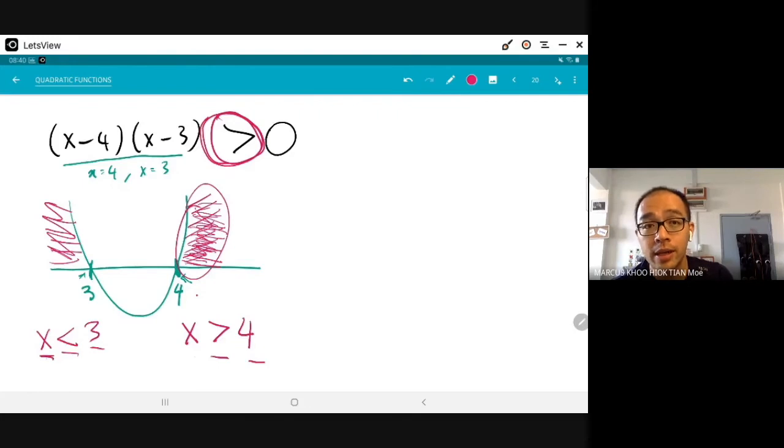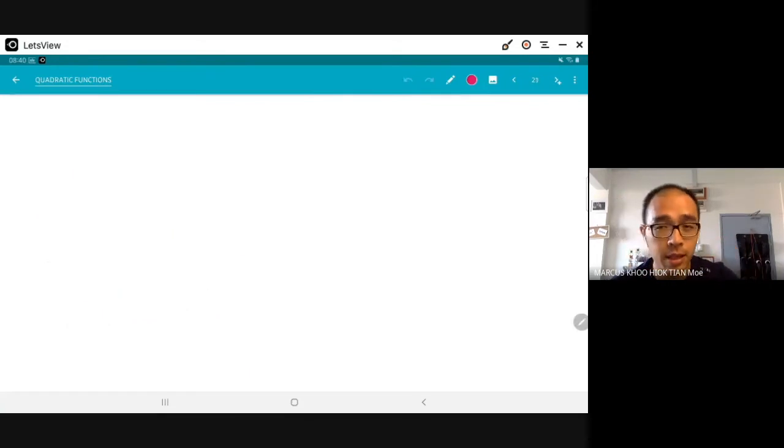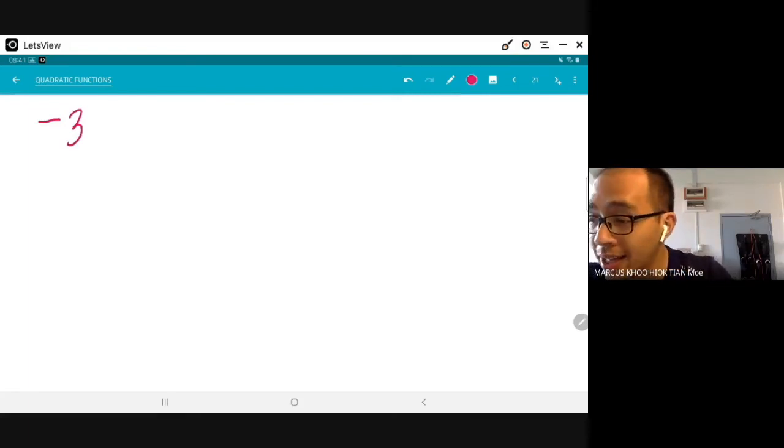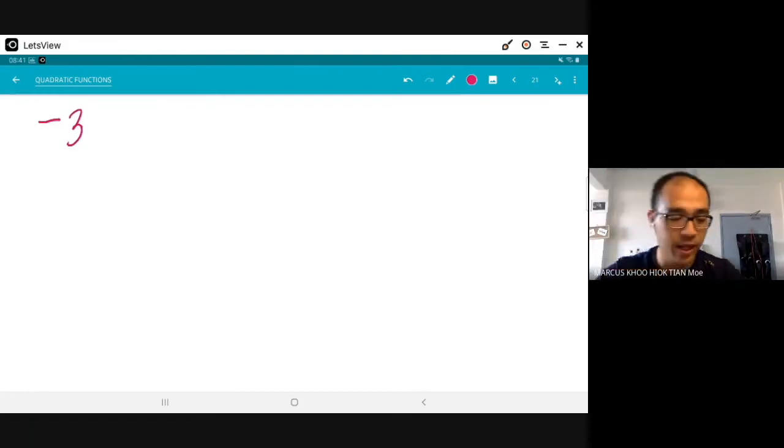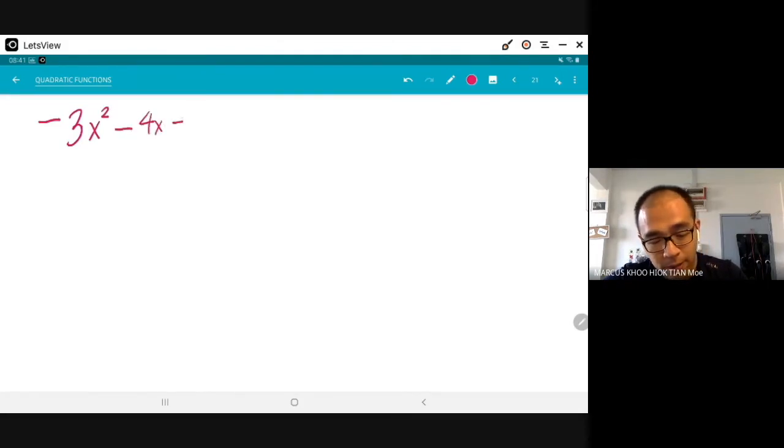Okay. So, sorry. Apa yang saya cakap? Oh, okay. So, another example is, macam mana kalau quadratic equation saya adalah negative 3. Do I want to do this? Kejap lah. Okay lah. Negative 3x squared minus 4x plus 12, I think.